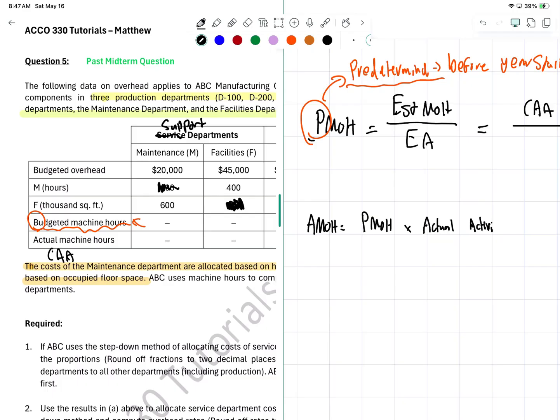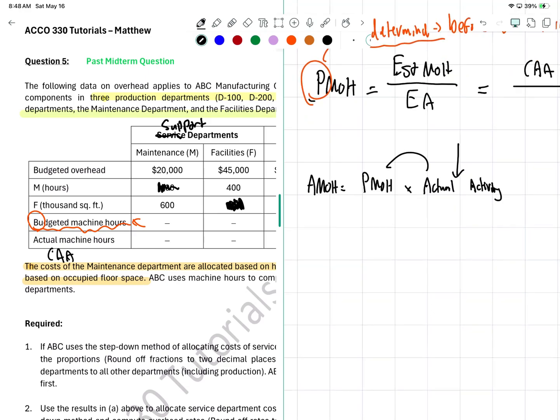I always like to say in Com 305, if you don't remember, your P is predetermined. You prepare your overhead rate for the year. And then you see what you actually use during the year, and that's how much overhead gets applied. It's your estimated overhead rate, the rate that you set at the beginning of the year. Then you multiply it by the actual activity that happens throughout the year.